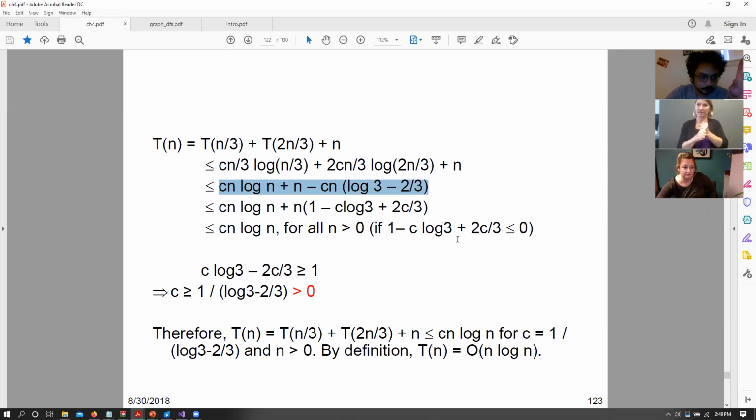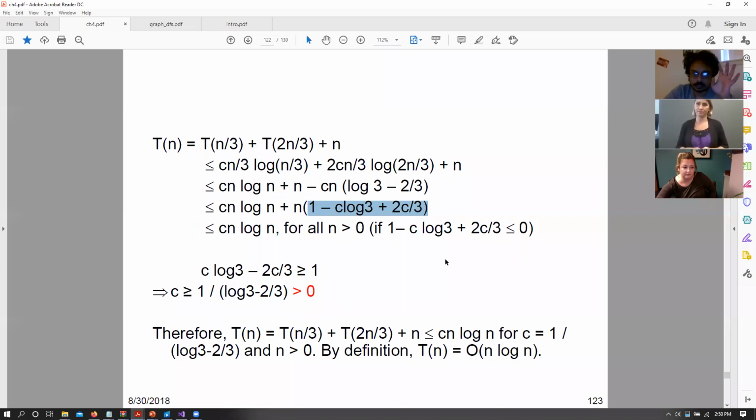Thank you, Kavyashri. That would be more than enough. So then we have Cn log n plus n times (1 minus C log 3 plus 2C/3). That is the leftover part. Since we are trying to prove big O of n log n, this particular expression has to be less than 0, or a negative value.